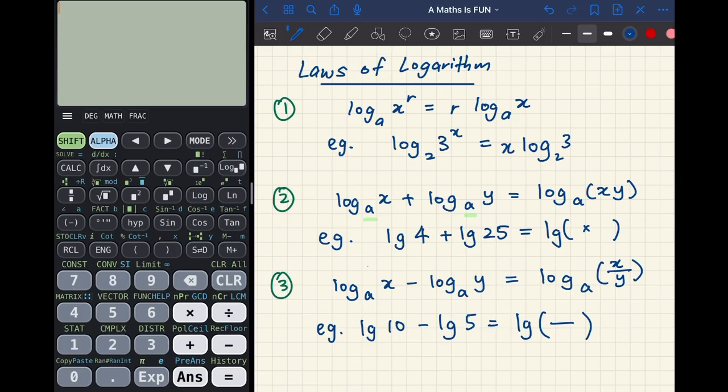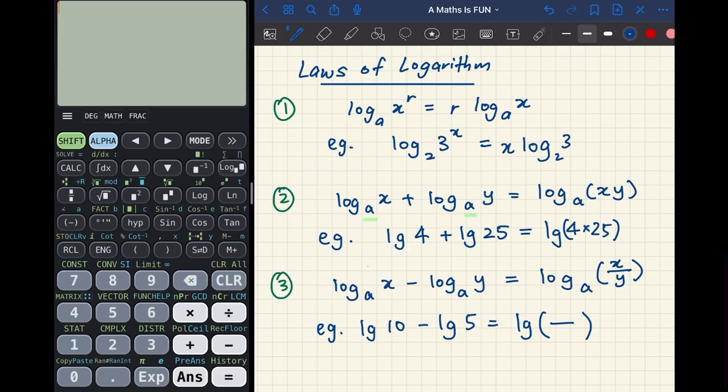A simple example, using log base 10: if I have log 4 base 10 plus log 25 base 10, which I write as lg 4 plus lg 25, then applying this law we have log of 4 times 25 base 10.